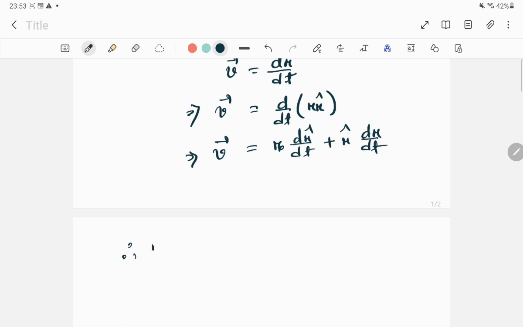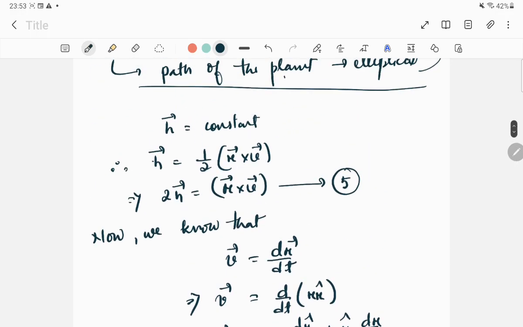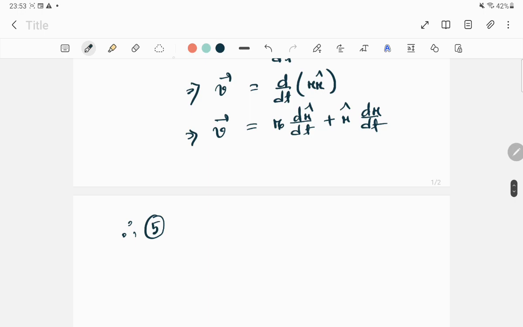But we know that equation 5 implies, this we will consider as equation 6, because equation 5 is this. Equation 6 implies 2h vector is equal to r cross v.